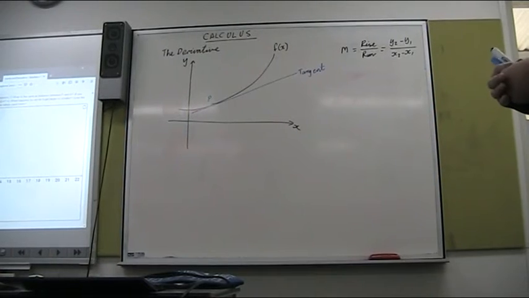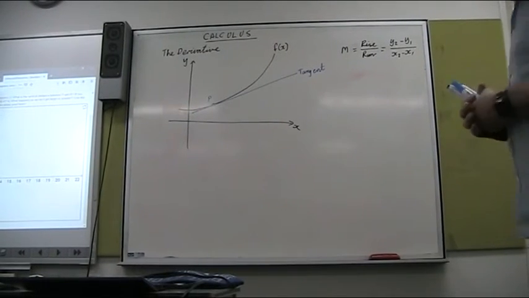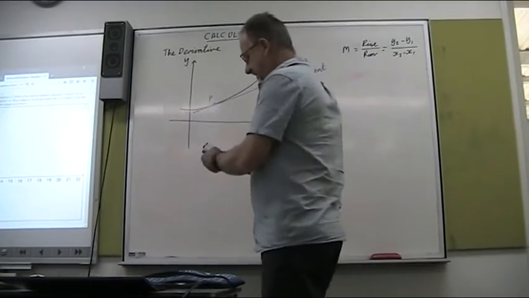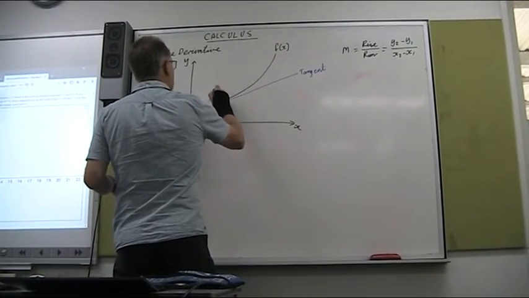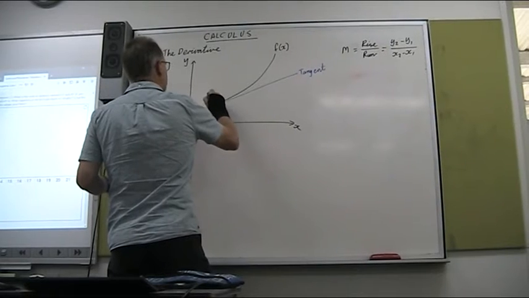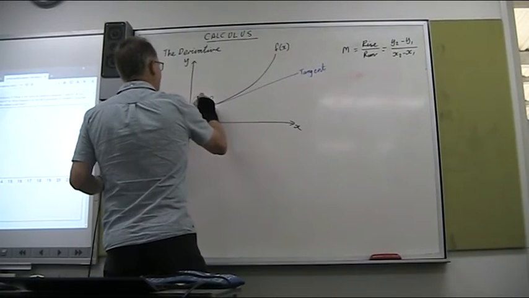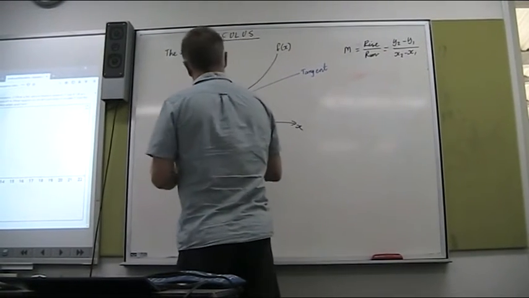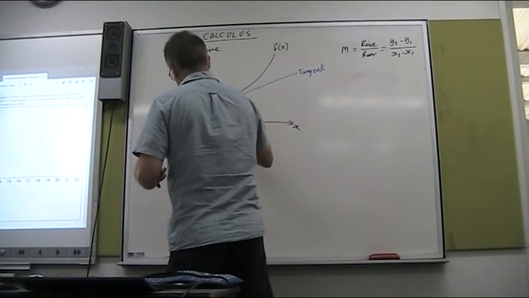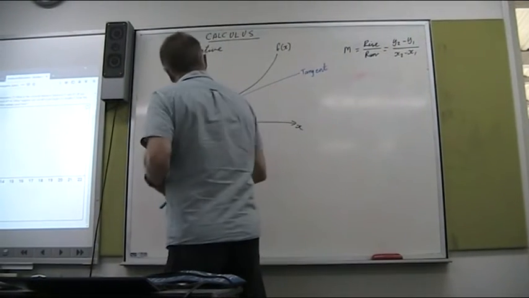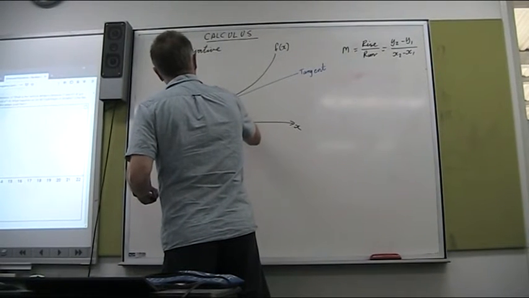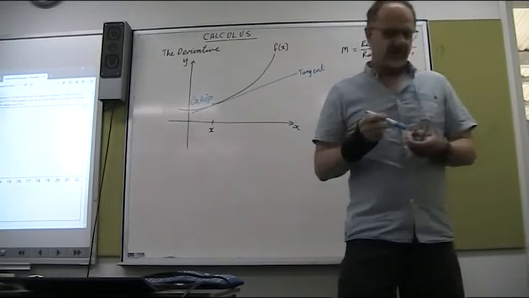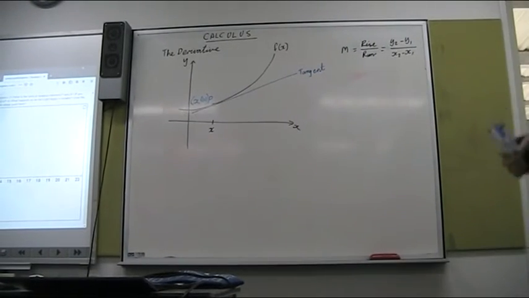Unfortunately, with the tangent, the coordinates of this point P would be x, and the y value, I'll write in function form, f of x. But we've only got one point. So how can we work out the gradient?